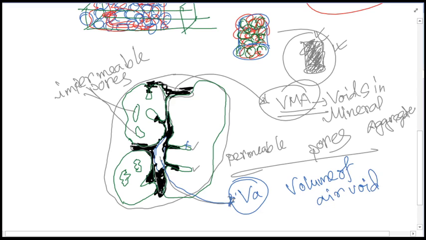So this volume of air void and the volume of bitumen which is not absorbed.